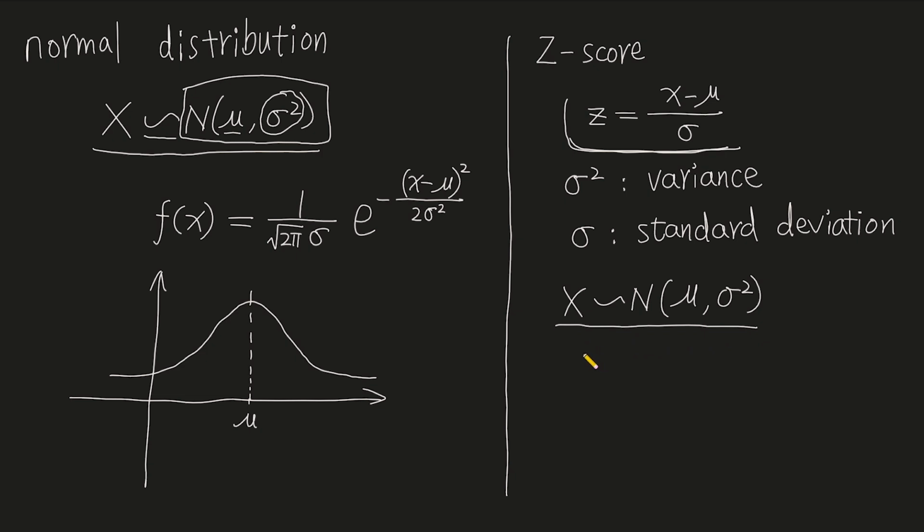The new random variable is like this: Z follows a normal distribution. This normal distribution is special. Its mean is 0 and its variance is 1. This distribution is called the standard normal distribution.